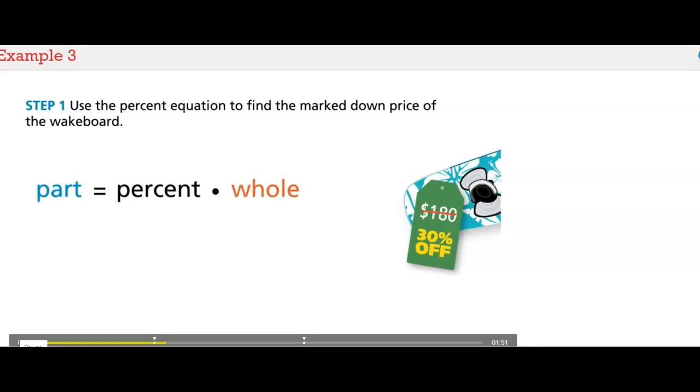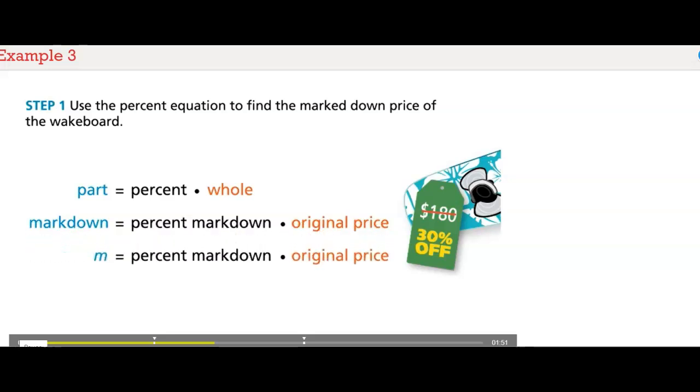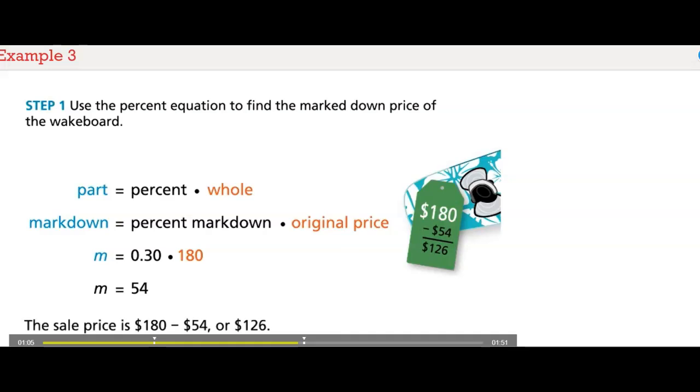To begin, use the percent equation to find the marked down price of the wakeboard. Notice that a percent markdown is a percent decrease that is specific to price. The markdown, M, is equal to the percent markdown, 30%, times the original price, 180. Multiply. M equals 54. The sale price is $180 minus $54, which equals $126.